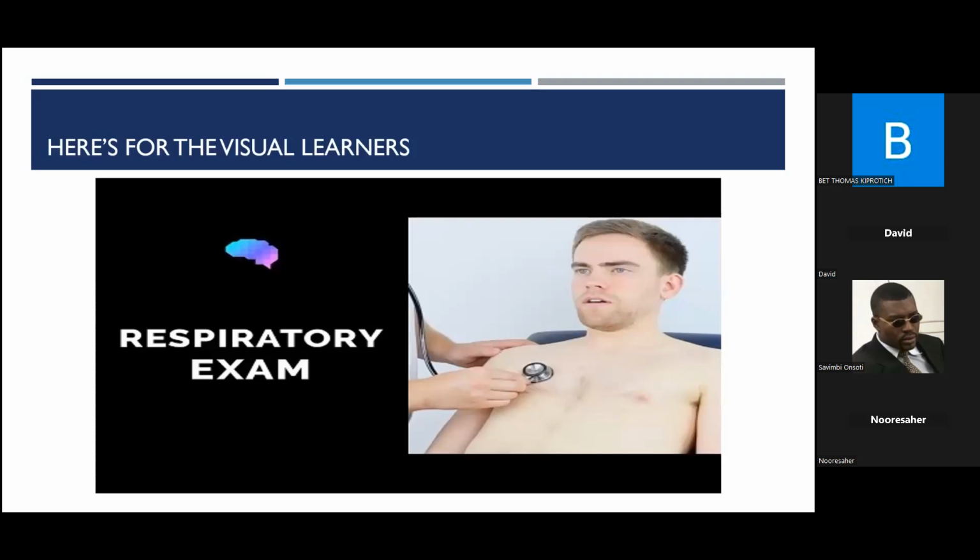So one thing I forgot to mention up there is proper positioning. Each systemic exam has unique positions the patient's supposed to be in. For the respiratory exam, ideally a patient's supposed to be seated at a 45-degree angle, not lying down. That's the same in GIT, and the same goes for a CVS exam.